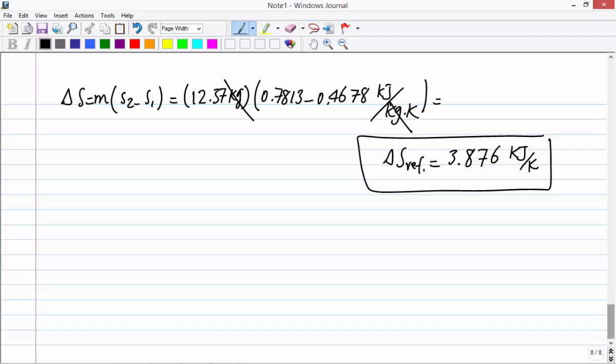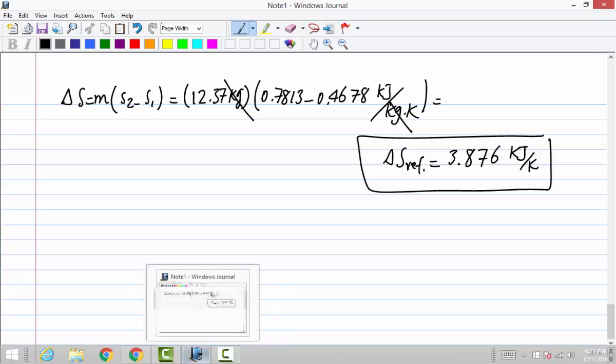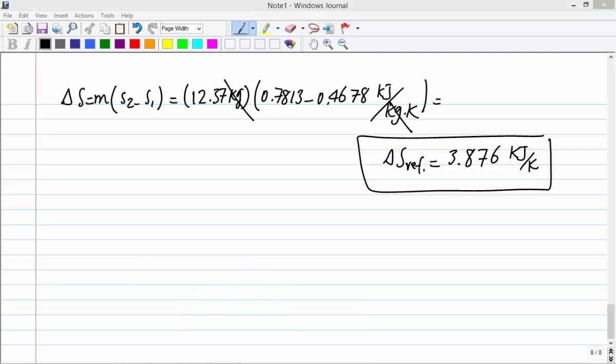Okay, now we can go to the next step, next question, which asks for the entropy change of the heat source. So the question is telling us that we need to change our system.